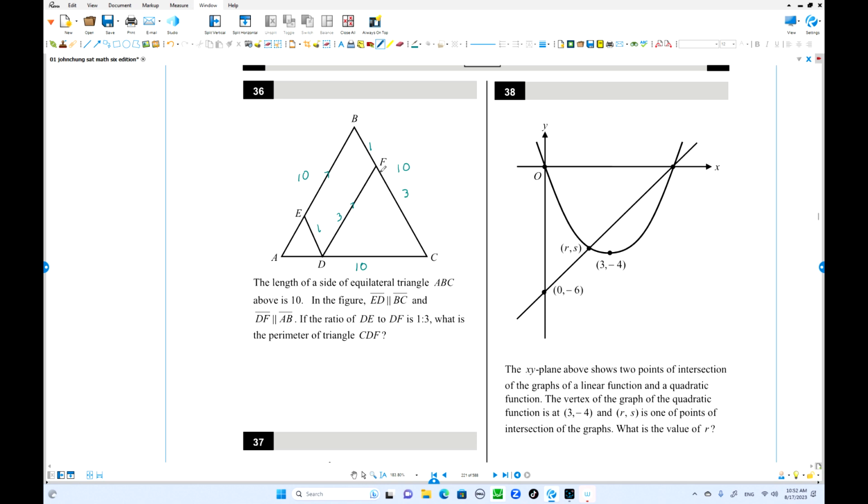So what is the length of this side? The total is 10, and we take 3 out of 4. So this one is 30 over 4, which is 7.5. Each side is 7.5. This is an equilateral triangle. The perimeter of this equilateral triangle, CDF, equals 7.5 times 3. So 22.5 is the answer, okay?